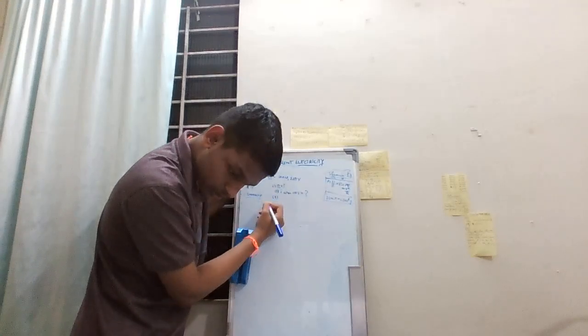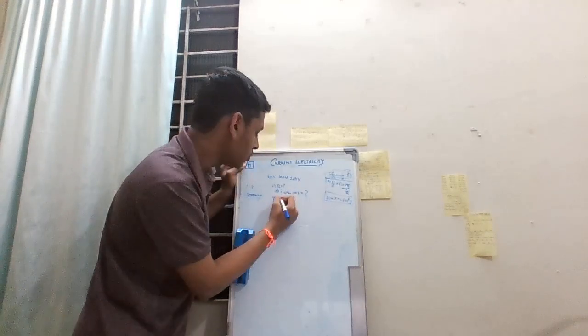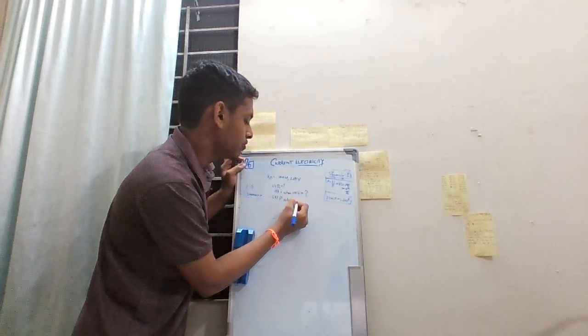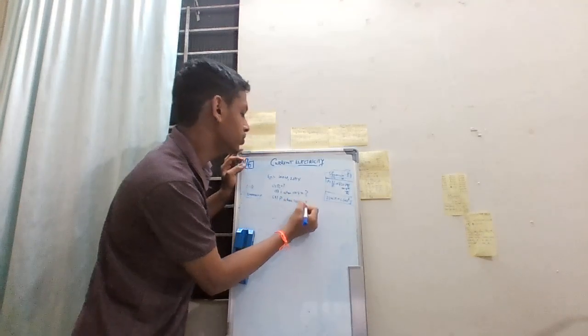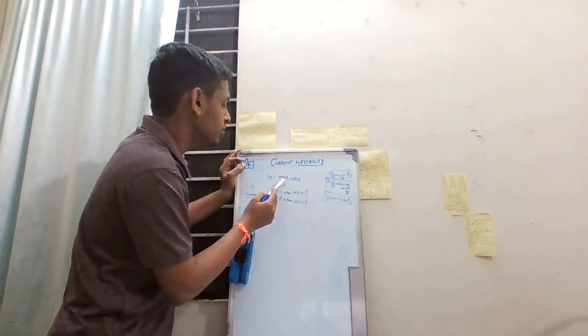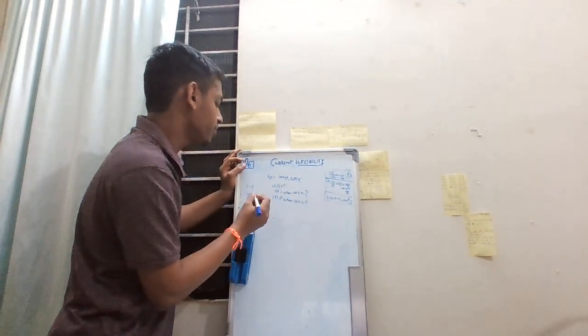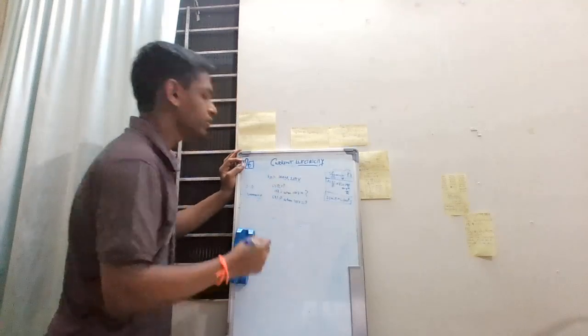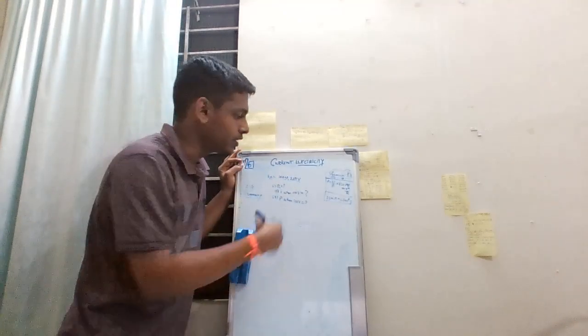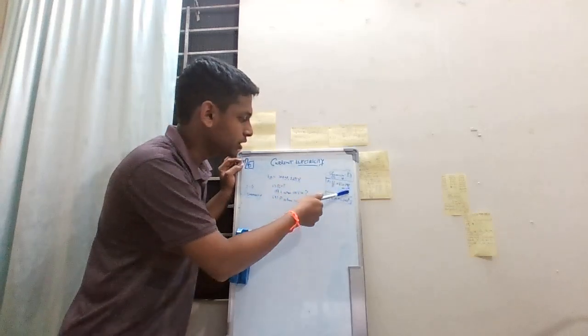And last but not least, we have to find power when 110 volts potential is across it. So here we are given potential and power. So we have to find resistance, which formula has that: V square by R.